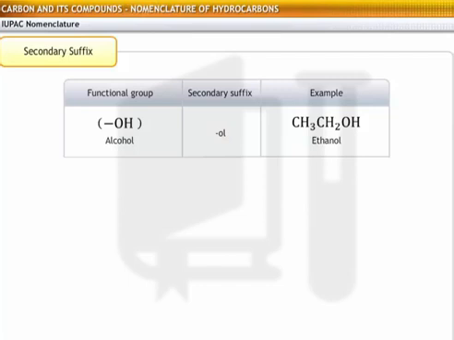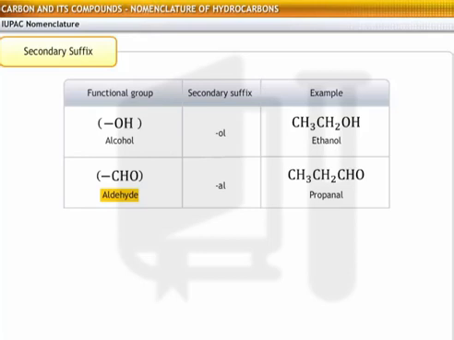Using the same set of rules, let's try to find out the IUPAC name of an aldehyde. Take the example of a molecule of aldehyde. It contains three carbon atoms, so the root word should be "prop." There are no double bonds between the carbon atoms in an aldehyde molecule.